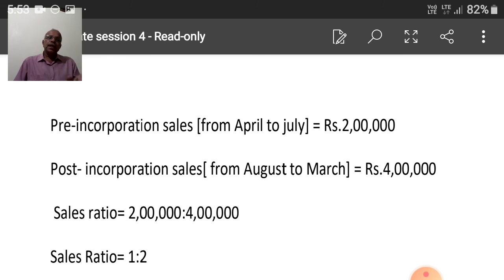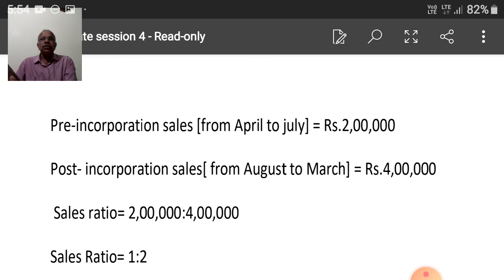Here, pre-incorporation sales from April to July are 2 lakh, and post-incorporation sales from August to March are 4 lakh.